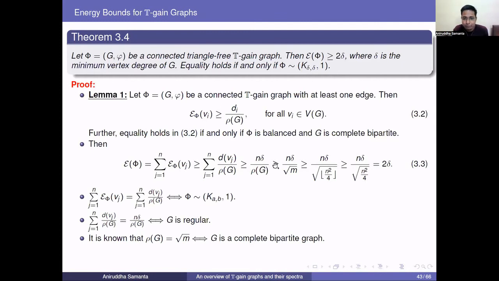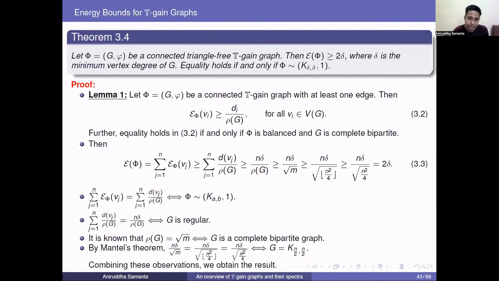And from this, and by Mantel's theorem, we get G is a complete bipartite graph with the same partition size. Combining all, we get the result: equality occurs if and only if phi is switching equivalent to that.